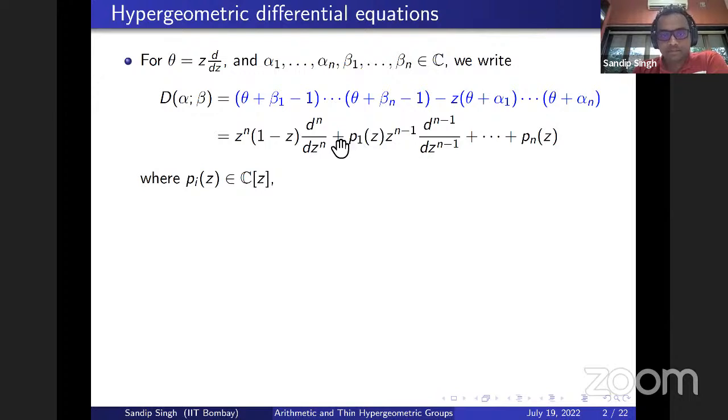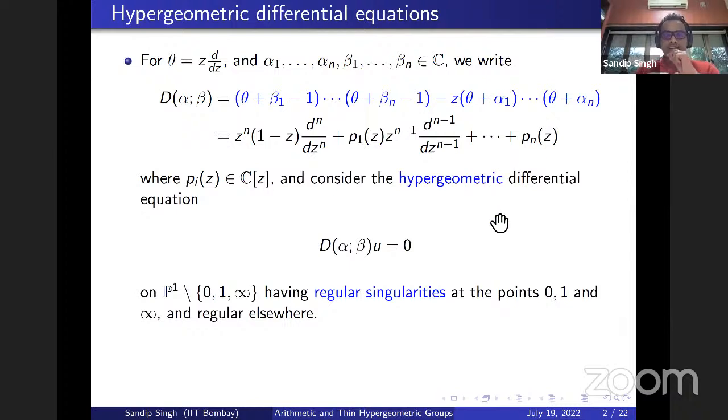The coefficients are polynomials with complex coefficients, so D_{alpha,beta} is a differential operator of this kind. We then consider the hypergeometric differential equation D_{alpha,beta} u = 0 on P1 minus three points. P1 is the Riemann sphere, the one point compactification of the complex plane, so you can think of it as C union infinity with that topology.